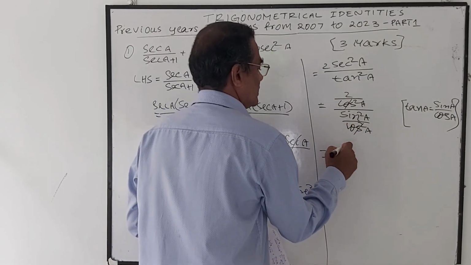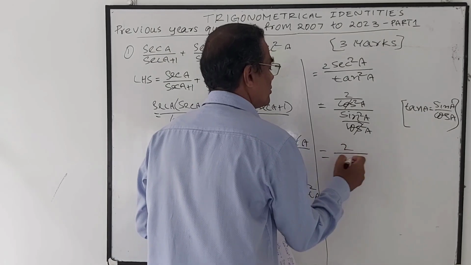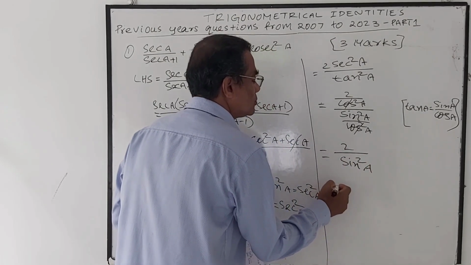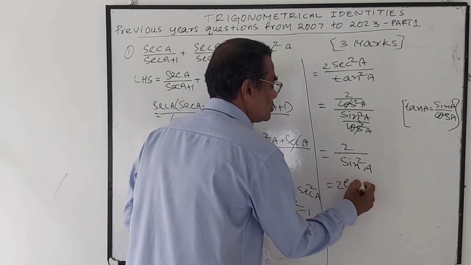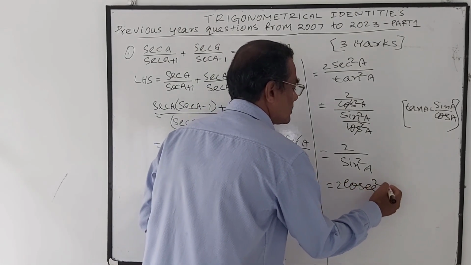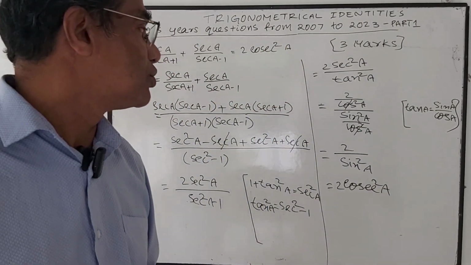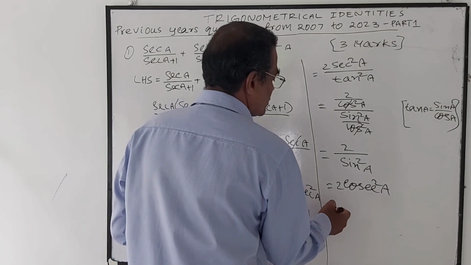So in the numerator there is 2 and the denominator it is cos square A. So that is equal to 2 sec square A, because 1 by cos square A means sec square A, and that is equal to the RHS.